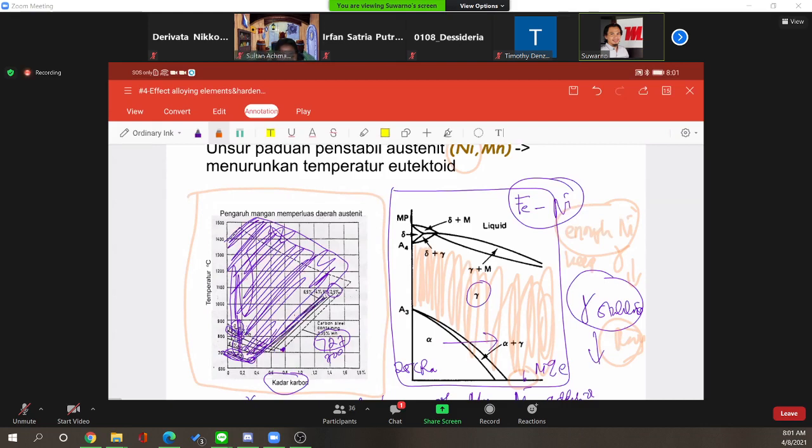You can look at the slide, at the diagram on the right side. See that it is easier if you have nickel on this side.